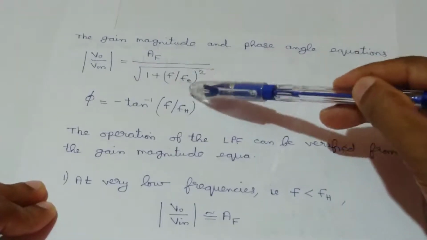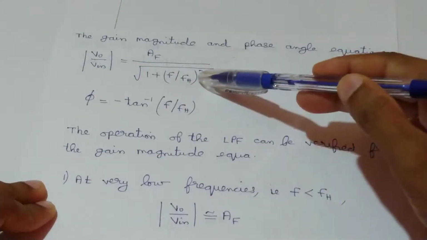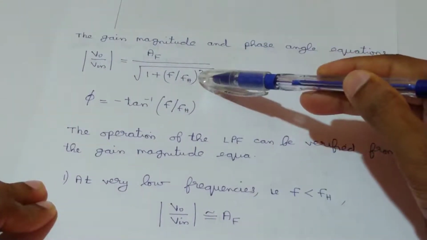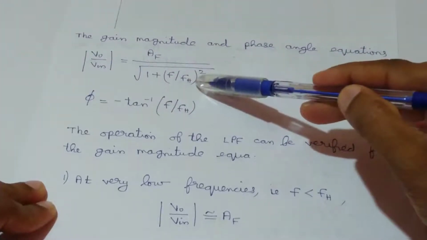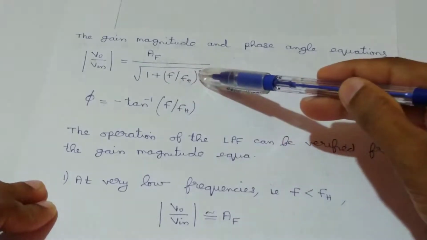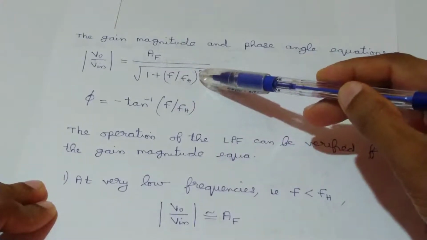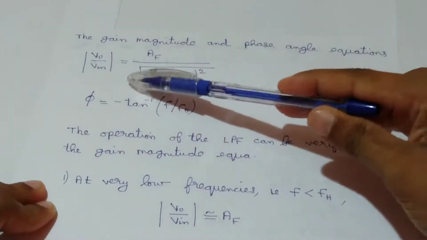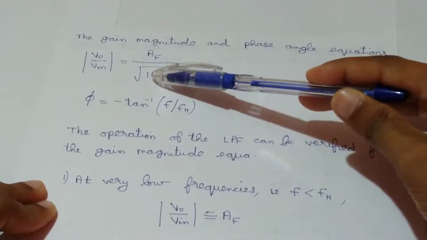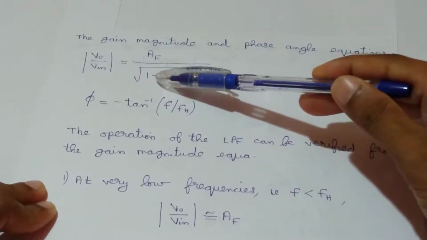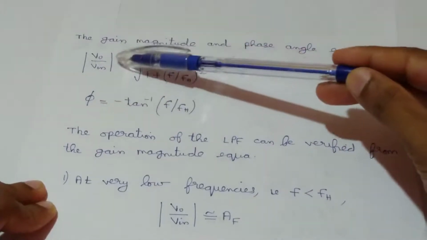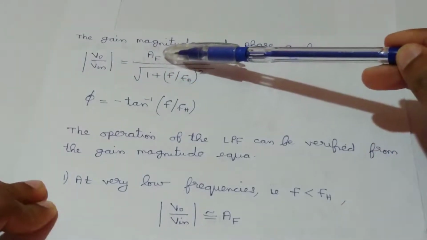And here we are squaring that value. When we square a value less than 1, it decreases further. So (f by fh) squared will be a very small value. So 1 plus that small value can be approximated to 1. Hence root 1 is at the denominator, and that root 1 is 1. So when f is less than fh, we will get Vout by Vin approximately equal to AF.